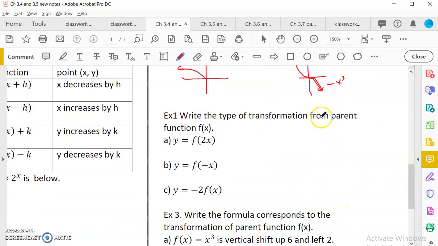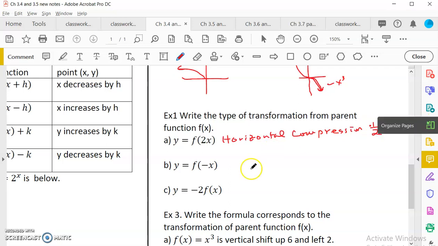And then if I have f of 2x, what do you think? Inside is a horizontal compression. If you multiply by a number, it compresses, it is always 1 over that. Compression of 1/2. Compressed to 1/2 horizontally. Your x becomes 1/2 of x. F of negative x is a reflection over the y-axis, so left and right.